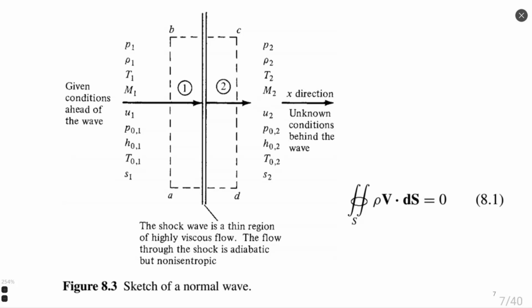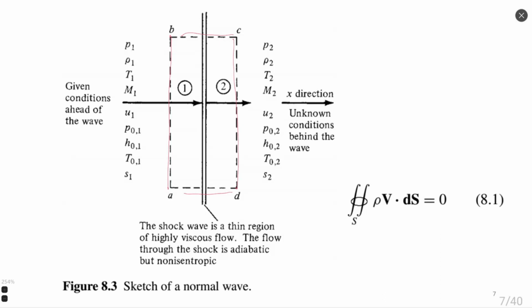Control volume ABCD, where two edges, AD and BC, are parallel to the flow, so the flow will not change along these edges because all the flow properties are constant along these lines. The flow does not enter or exit. And the edges of our interest are edges AB and CD, where flow enters and exits normally to this control volume.